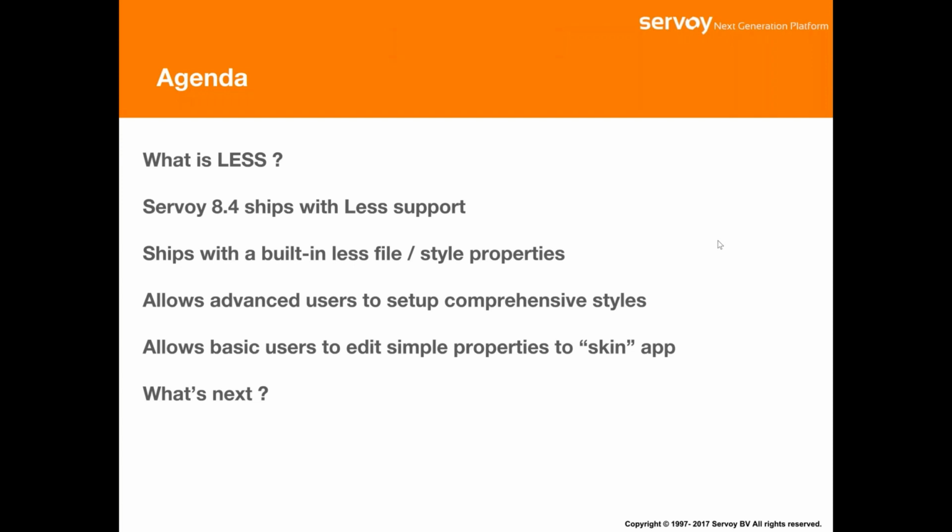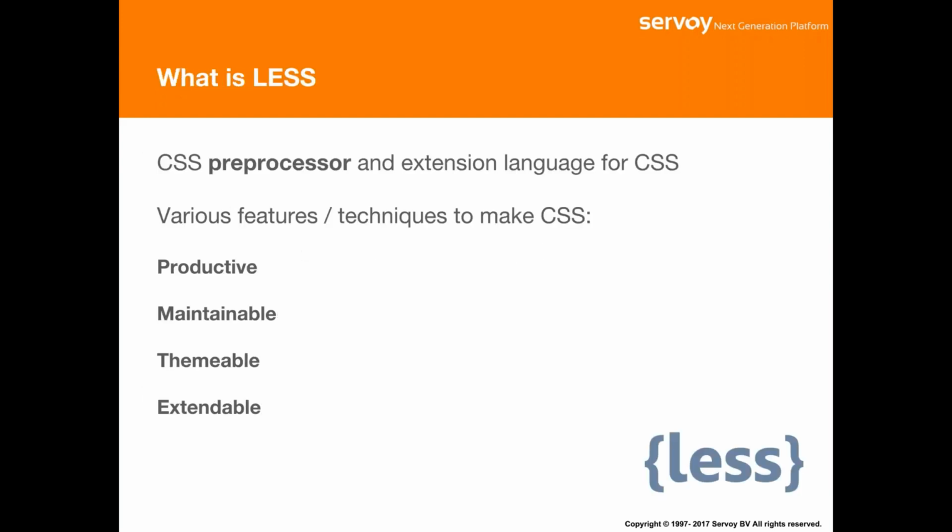We'll talk about what that means, because we're seeing there's a built-in less file. It allows for advanced users to go even more powerful, but it also makes things for basic users a bit easier. You don't have to get into styling and understanding all of the internal style class and mappings. We'll also talk about what's next in this direction, because this is more of a start than a finish.